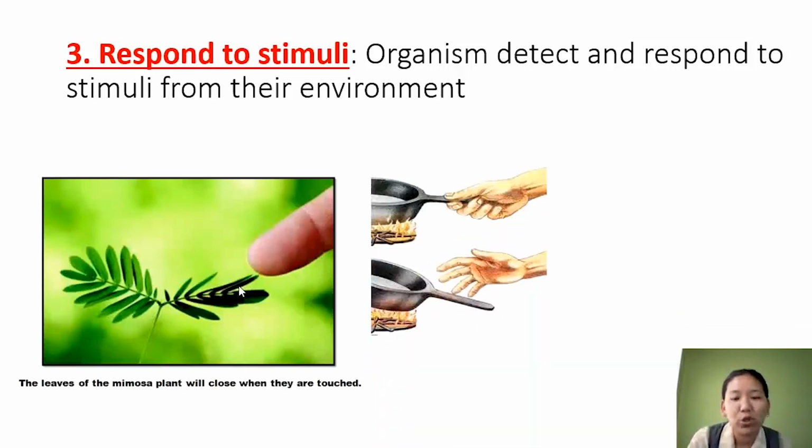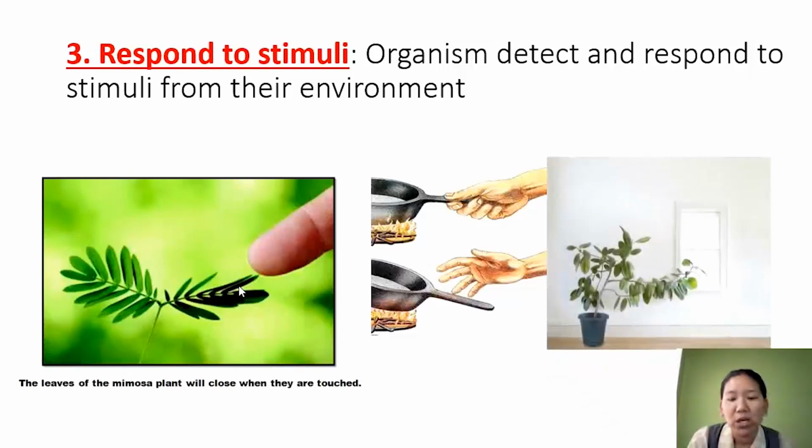Likewise, this one most of us have already experienced. Whenever we touch any hot substance, we tend to remove our hand away from it. That is again response to stimuli. Third, the plant placed here: the leaves and the branches tend to move towards the window because near the window they get more sunshine.